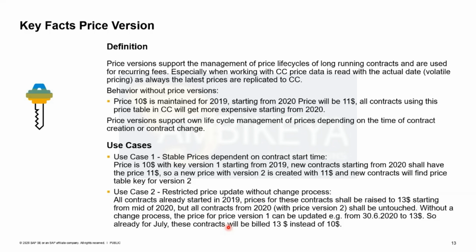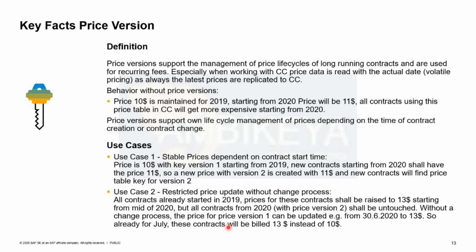And price versions are supported both with CI bill plans and also in a CC scenario. So once during creation, you can use it. And even for existing contracts, if you want to change the price, then you can change the price for a price version relevant for contracts of that year, like 2019. And for contracts created in 2020, you can still keep the same.